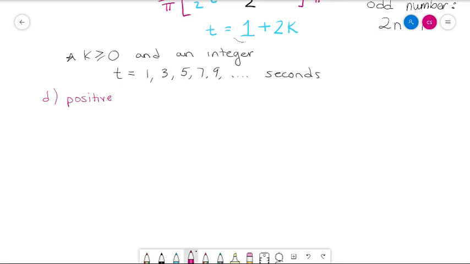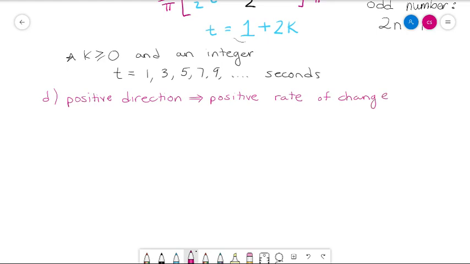So we're moving in the positive direction, like walking forward, for instance, not walking backwards. We would have a positive rate of change. So where our position function is increasing and our velocity function is positive rate of change.